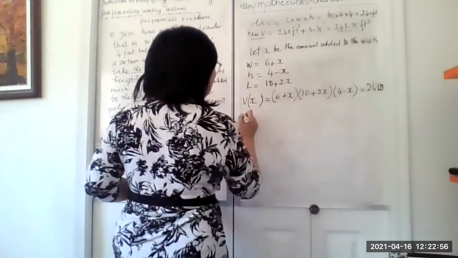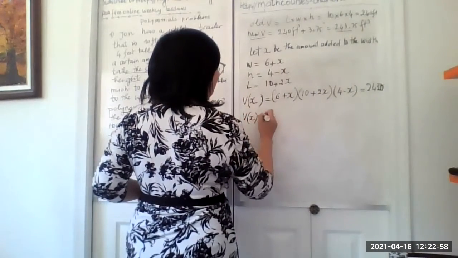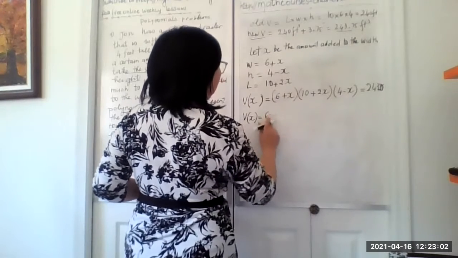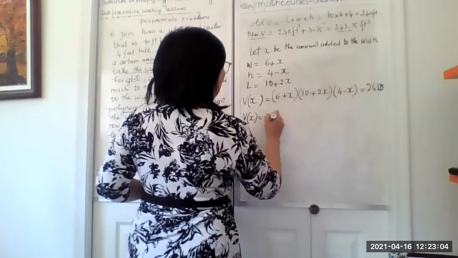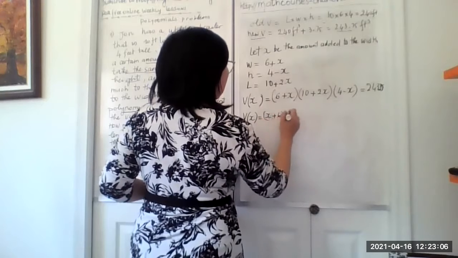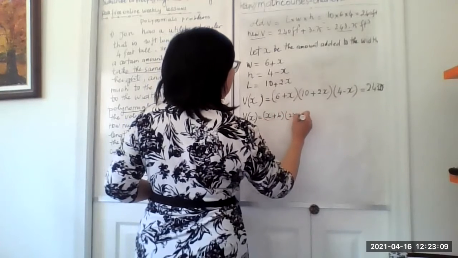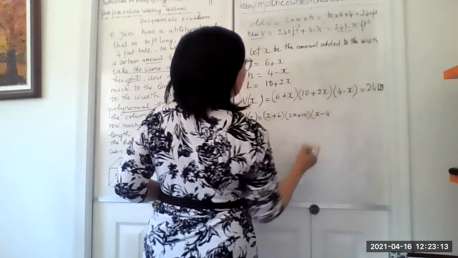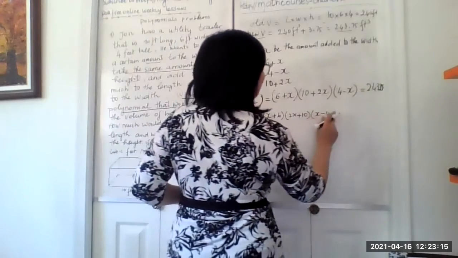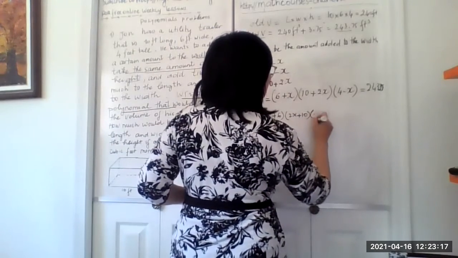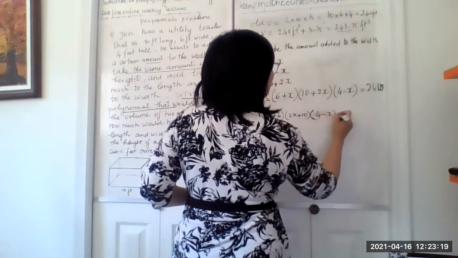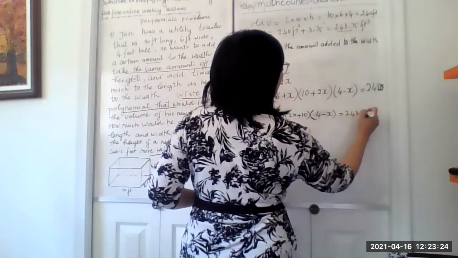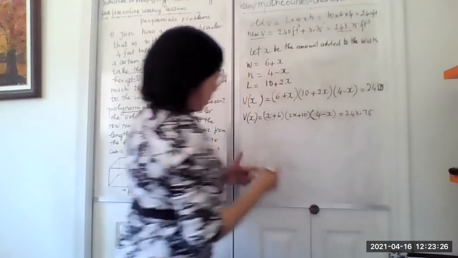So to solve this polynomial, all you have to do is X plus 6 times 2X plus 10 times 4 minus X, and equal 243.75.